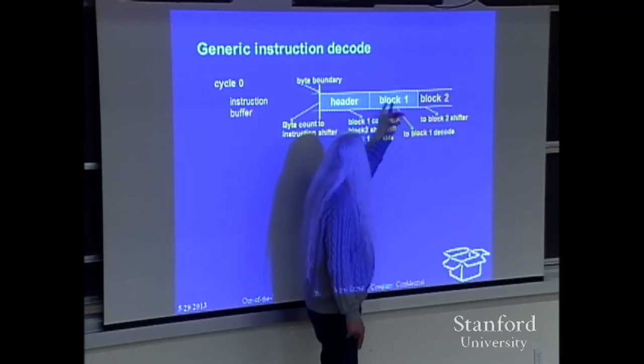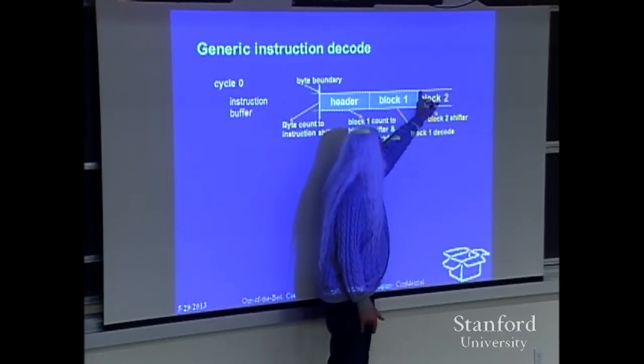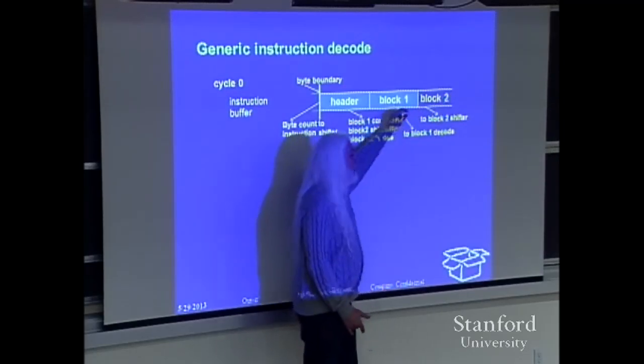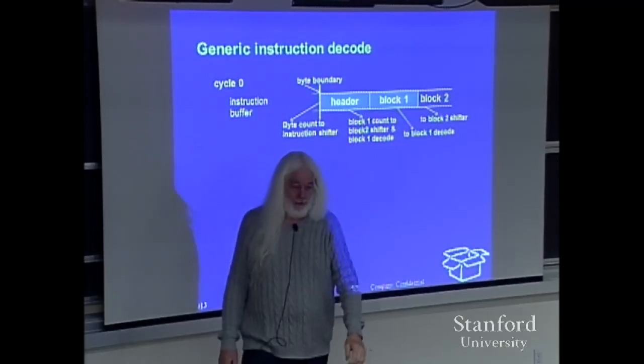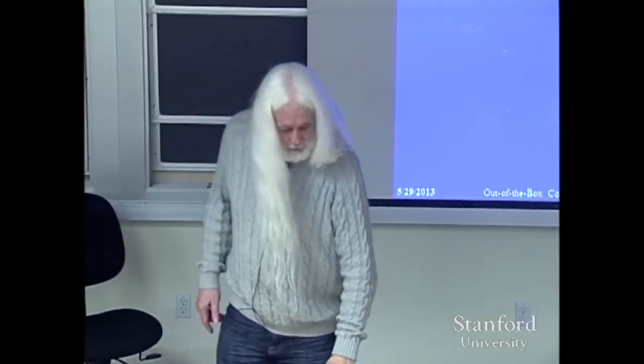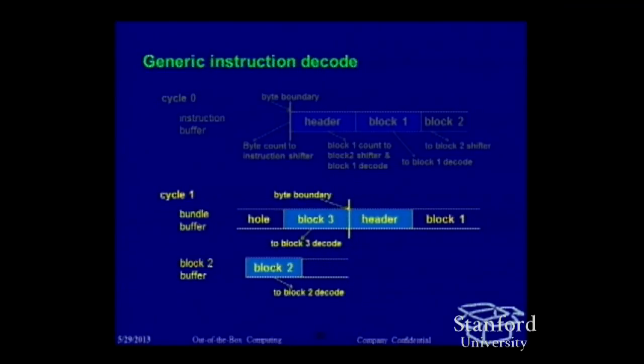And at the same time as we're shifting the whole bundle, a different shifter is going to be starting there and shifting block 2 into a block 2 buffer. Well, one cycle later, this is what you got. The whole bundle shifter shifted our whole bundle over.